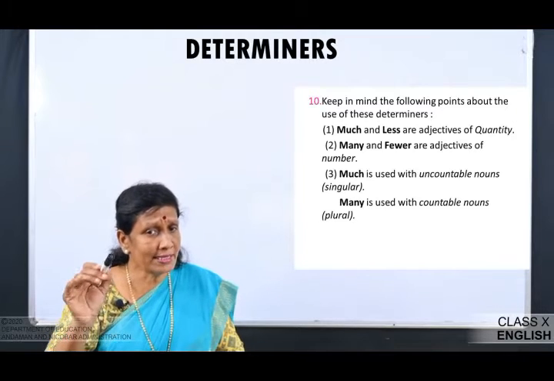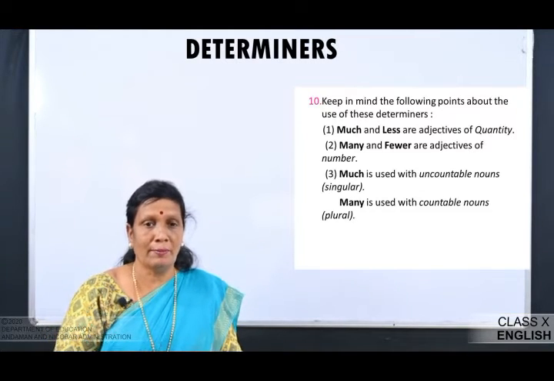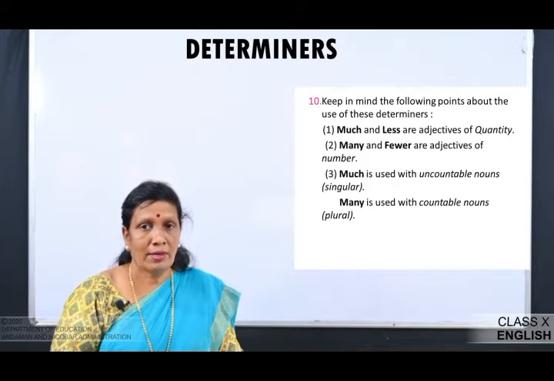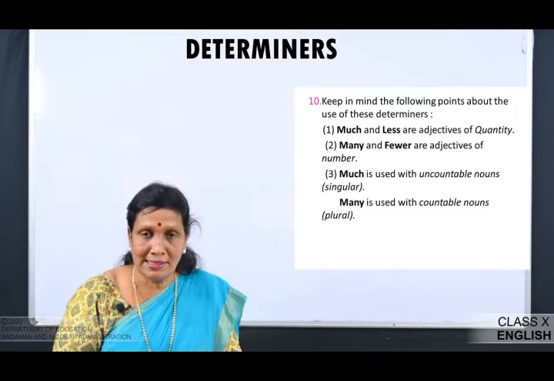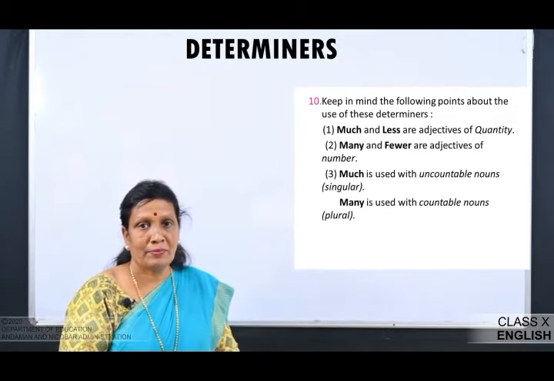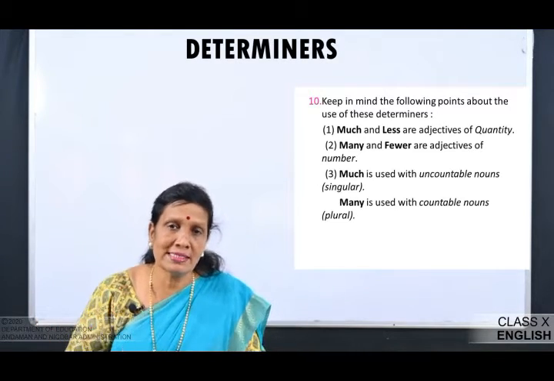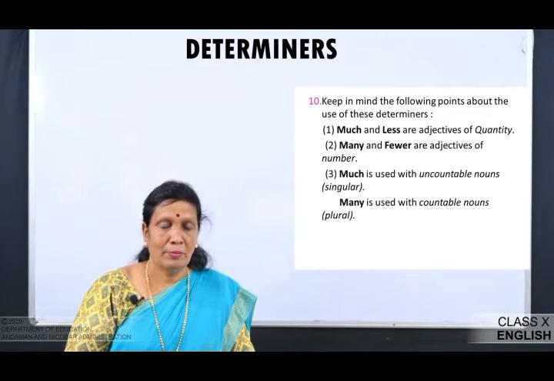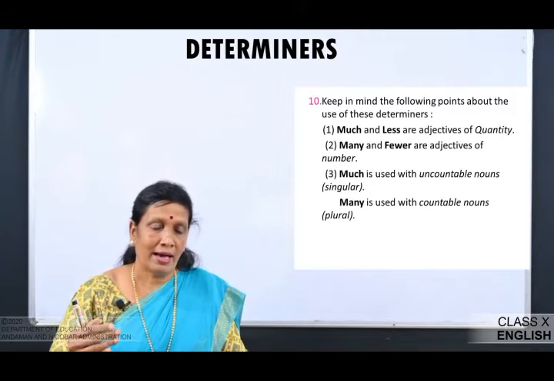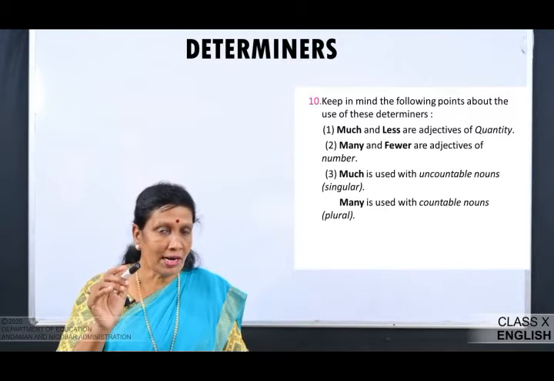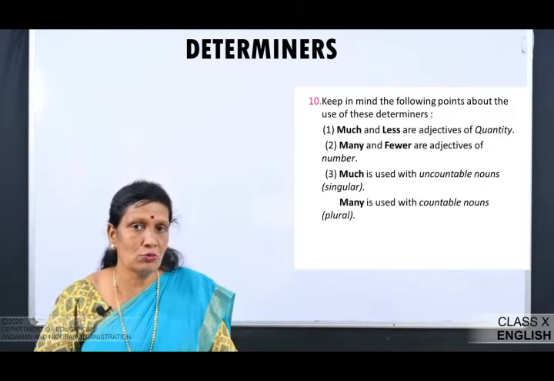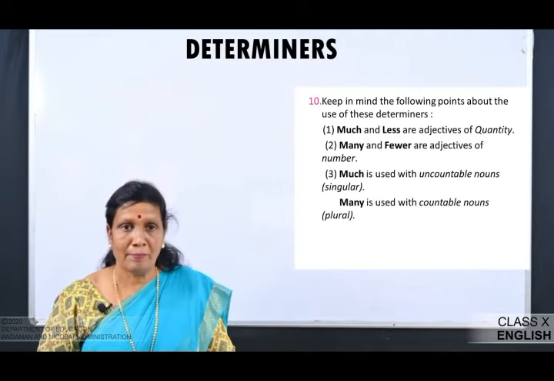Now, many is used with countable nouns, plural. For example, there are many apples in the basket. There are many children in this class. Plural nouns and countable nouns. So I hope the use of much and many is clear to you, children.